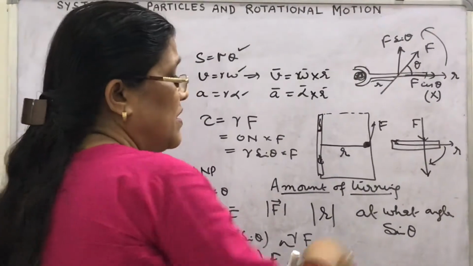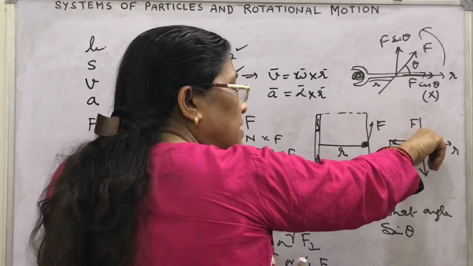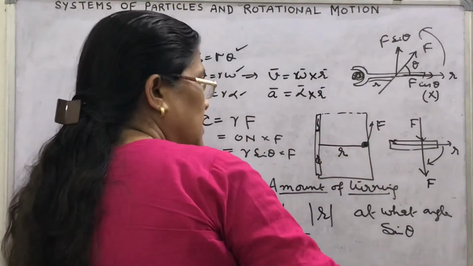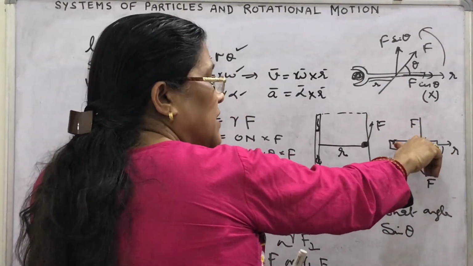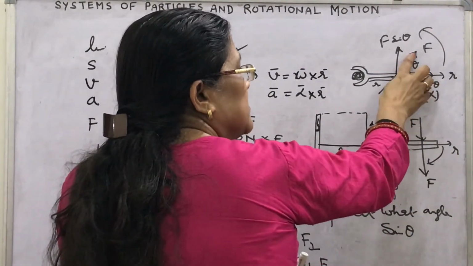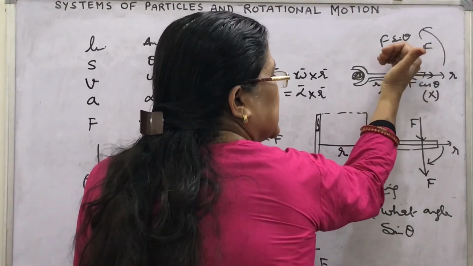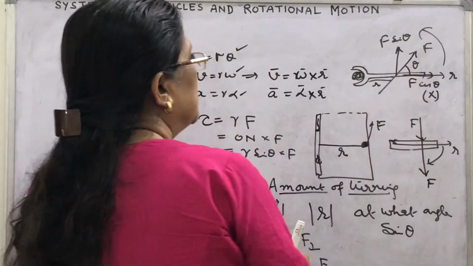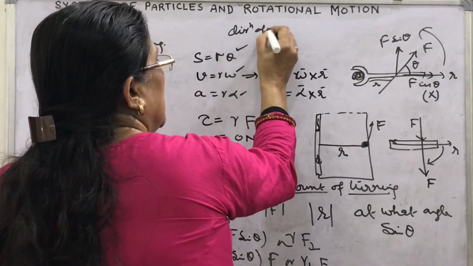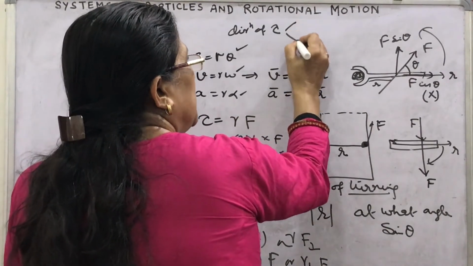So remember, in this figure the thumb is inward, this is r and this is f, then the thumb is inward and perpendicular to the plane of r and f. In this figure, for r cross f, the thumb is outward. So for the direction of torque there are two directions.